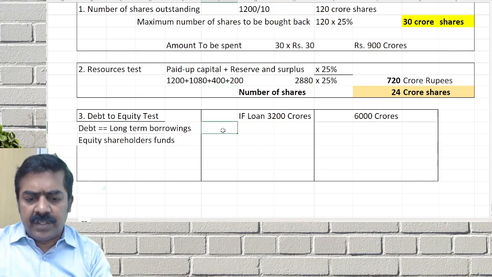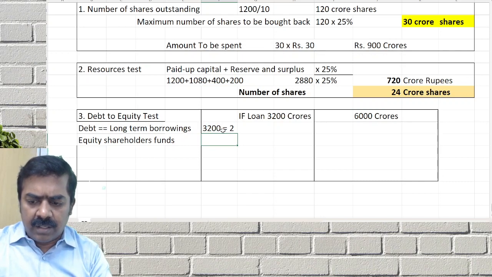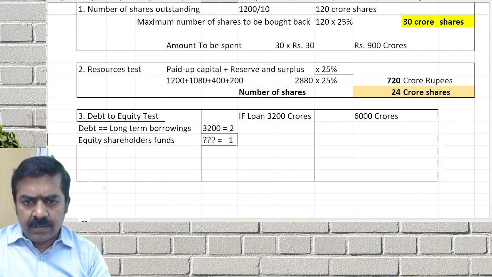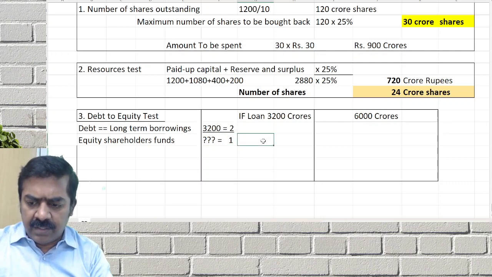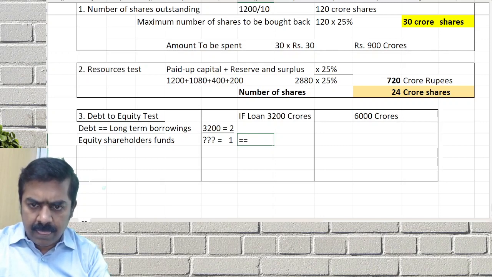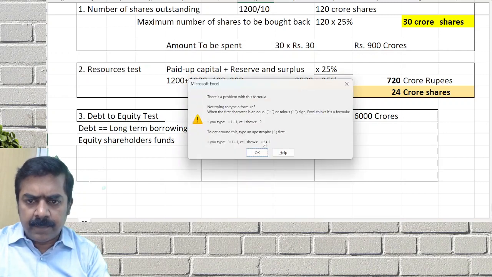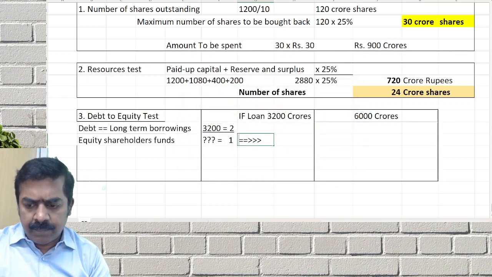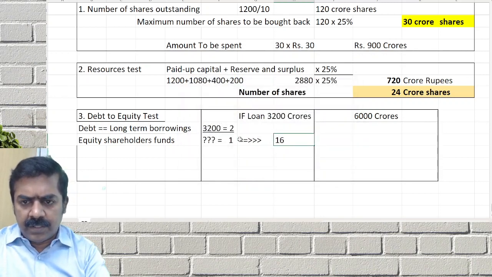Long-term borrowings, if it is 3,200 crores is equal to 2, how much will be equal to 1? So equity shareholders funds after the buyback required is how much? 1,600 crores.